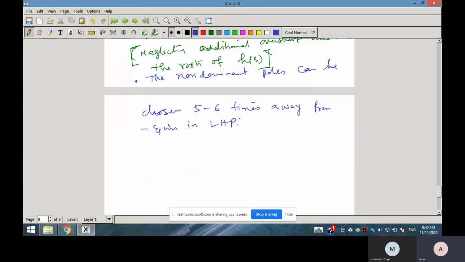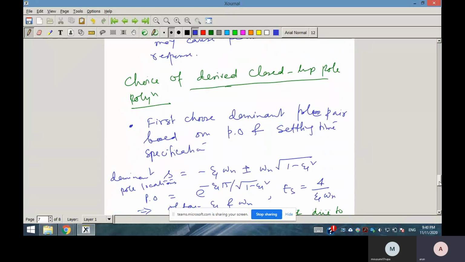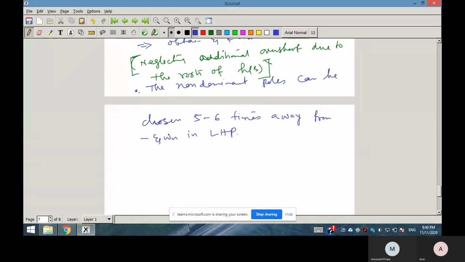This is one way to choose your closed loop polynomial, or you can make it more than that so as to meet some other specification if there is any.